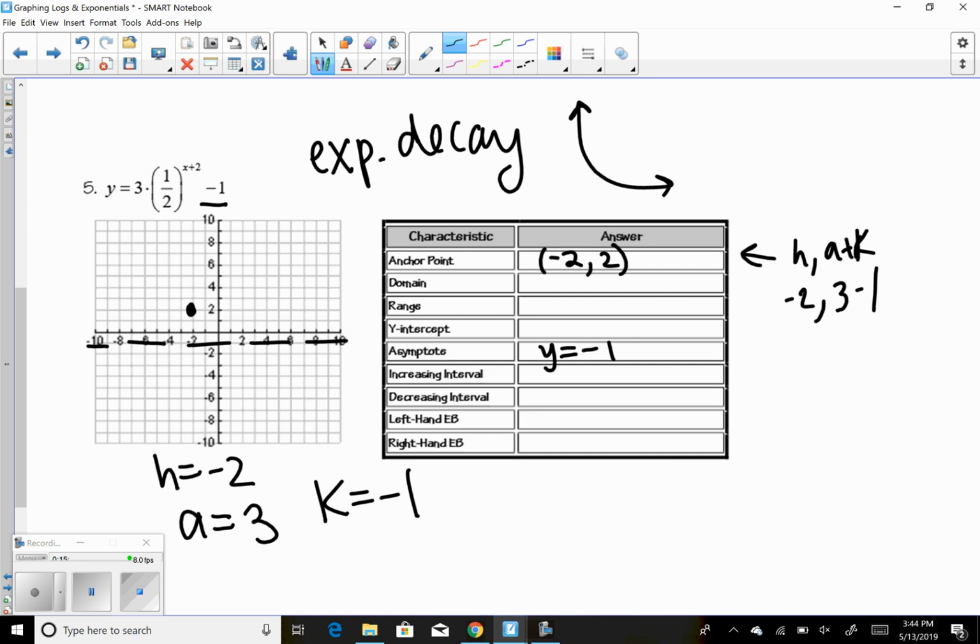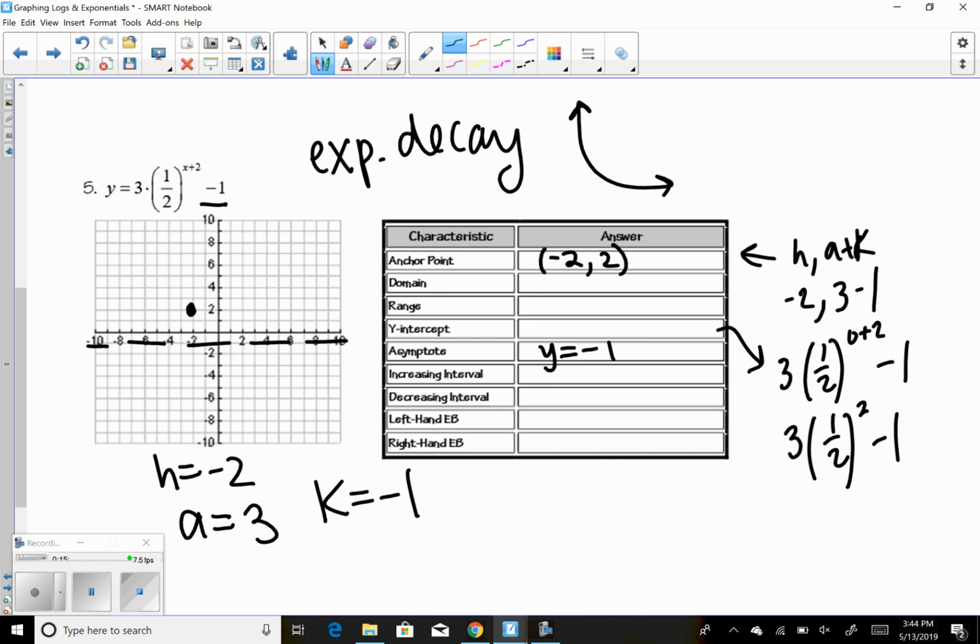All right. Now, y-intercept, we need to actually do that this time because my anchor point's not my y-intercept. So it's 3 times (1/2) to the 0 plus 2 power minus 1. Well, that's just going to be 3 times (1/2) squared minus 1. And you can plug that in all at one time.